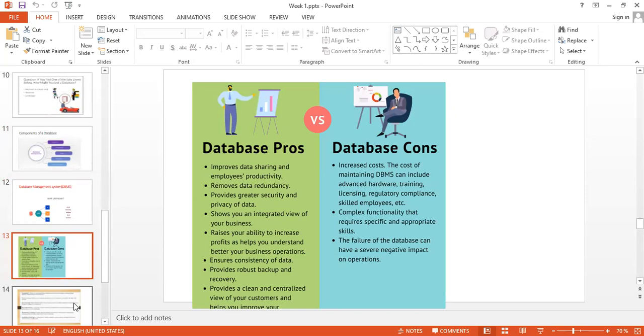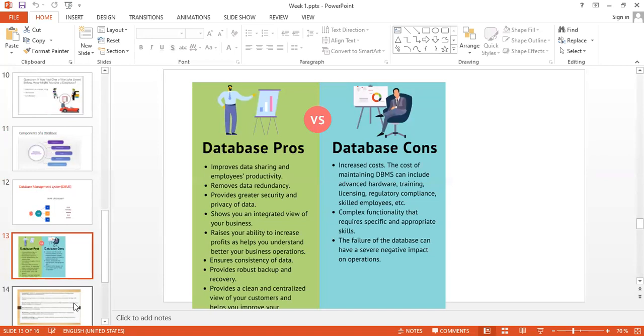Also, databases remove redundancy, which is repetition of data. Also, we have greater security and privacy of data. It also gives you an integrated view of your business, ensures consistency of your data, provides robust backup and recovery, and also a clean and centralized view of your customers' data.